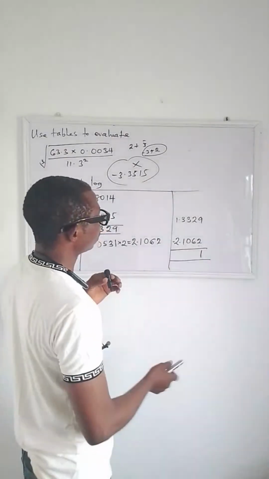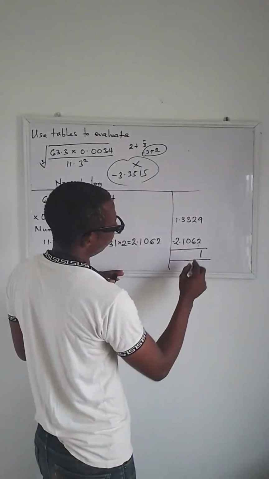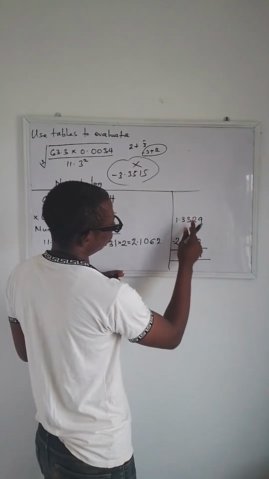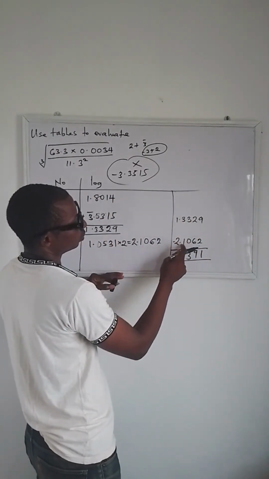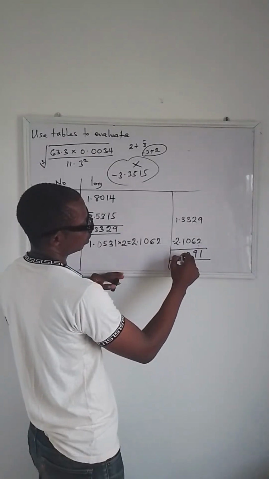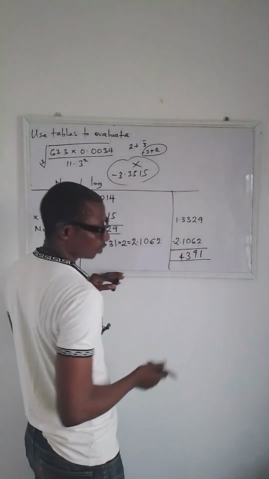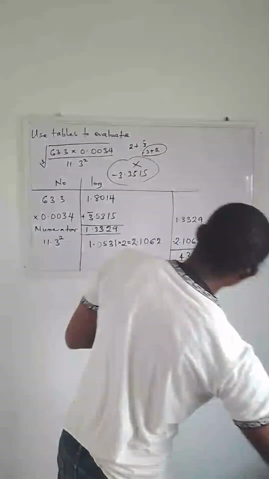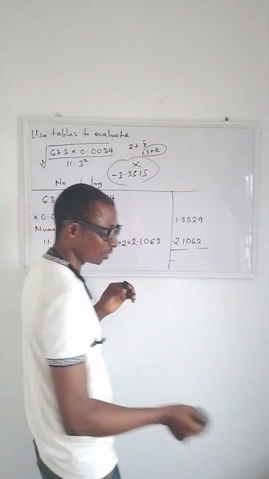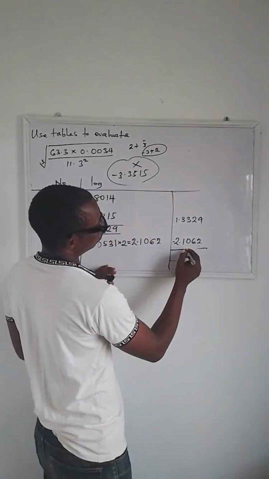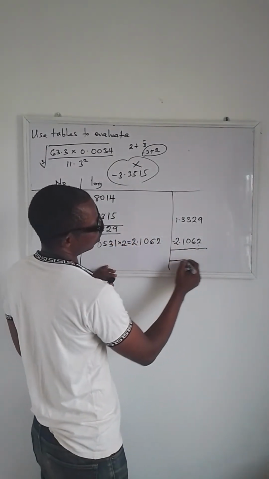That's 8, plus that 1, that gives you 9. When you add this and this, you have 3. 3 plus 1, that is 4. Okay, so I think there's a mix-up. Oh, sorry for that. We are supposed to be subtracting because we have a sign of subtraction here.